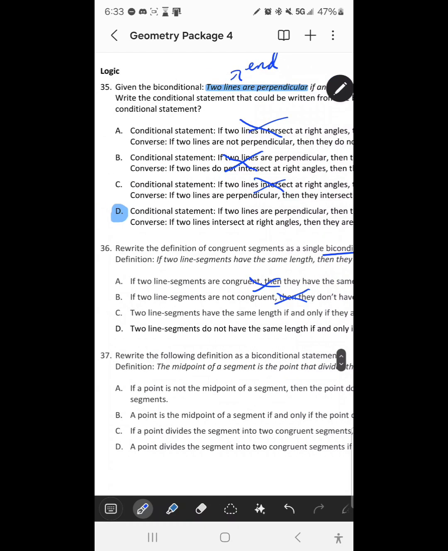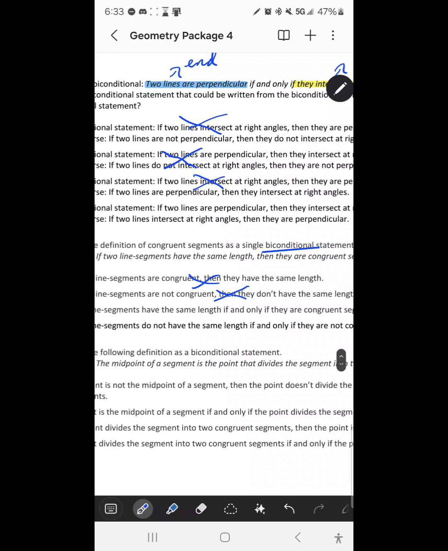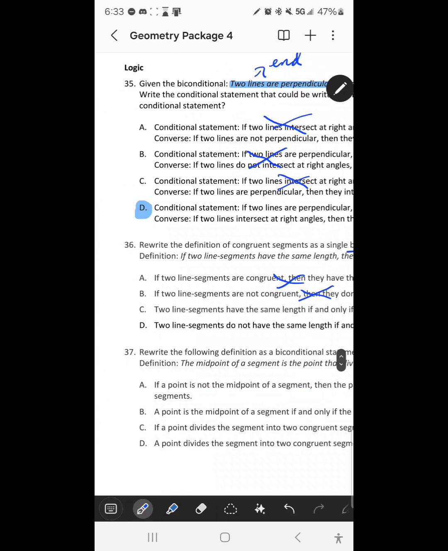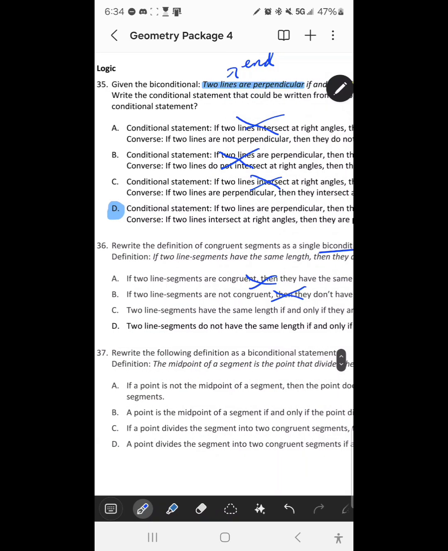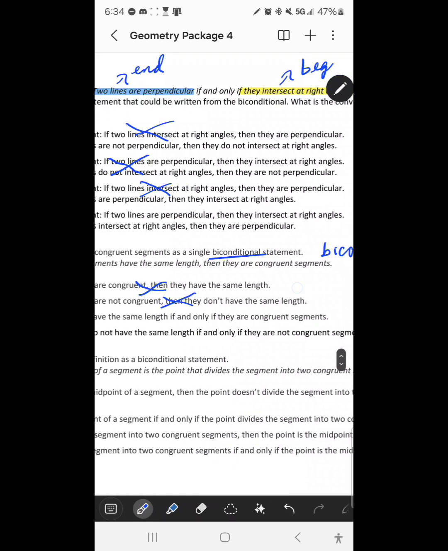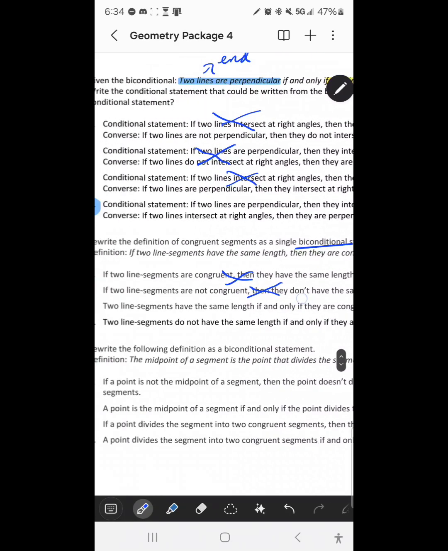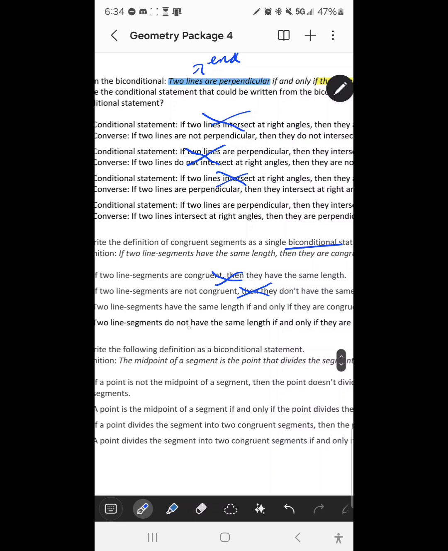Now let's see. Two line segments have the same length if and only if they are congruent segments. Next, if two line segments do not have the same length if and only if they are not congruent segments. As you can see here, this is negating, this is denying.